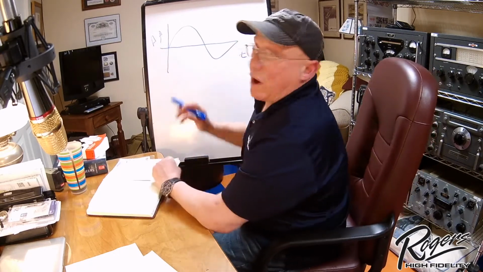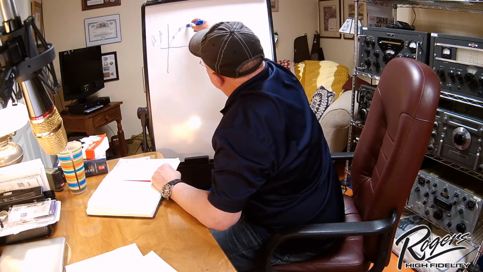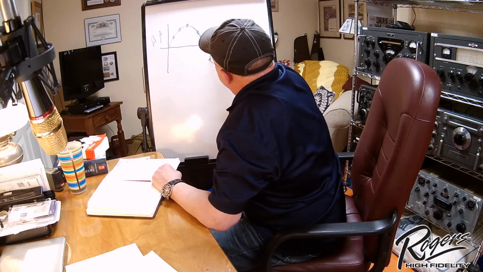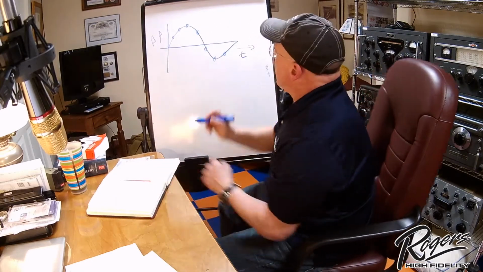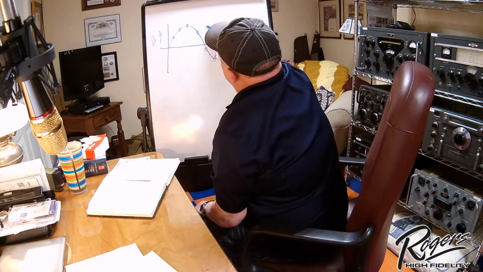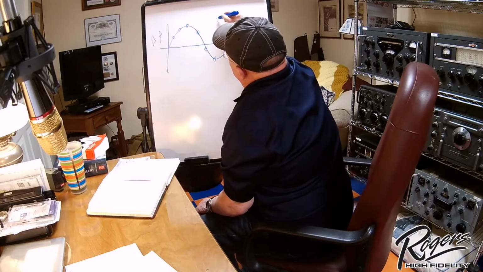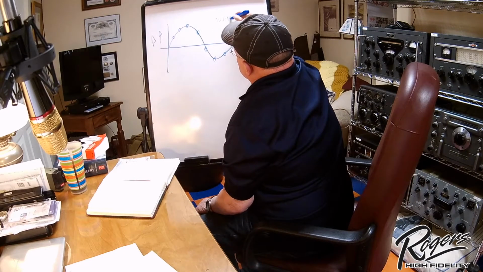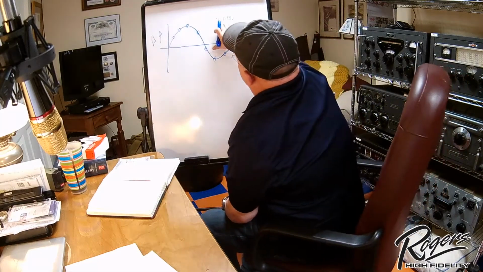When we make a digital waveform out of that, we actually sample this waveform. We sample it in time, and those samples are associated with a voltage in a binary format, 10, 11, 00. They're all different voltages.